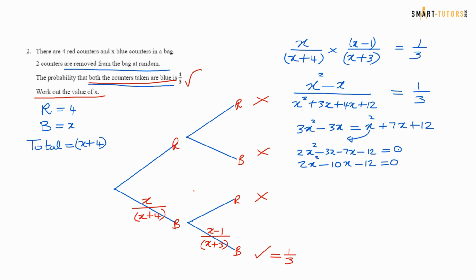So I'm dividing everything by 2, which gives x squared minus 5x minus 6 equals 0. This is where you need to find the factors of 6. What are the two numbers that give 5 and are factors of 6? So x minus 6, x plus 1 equals 0.